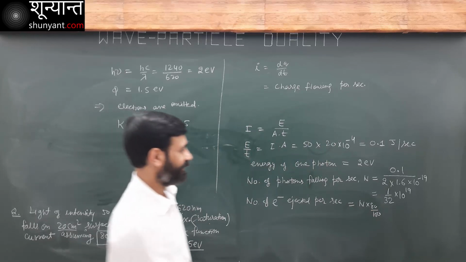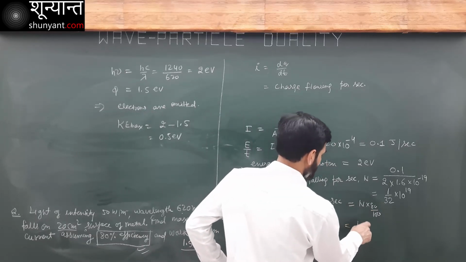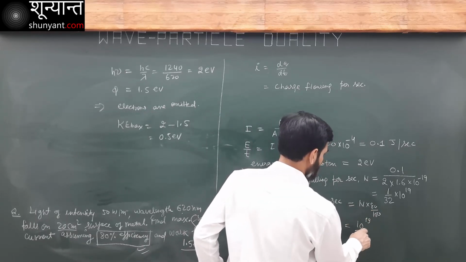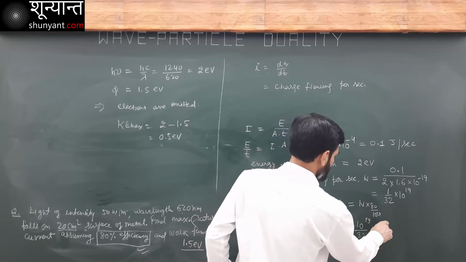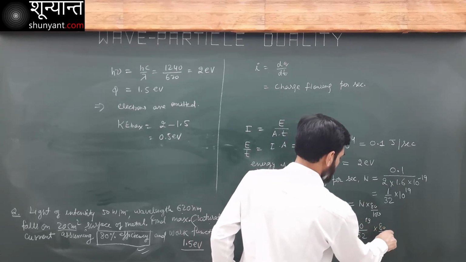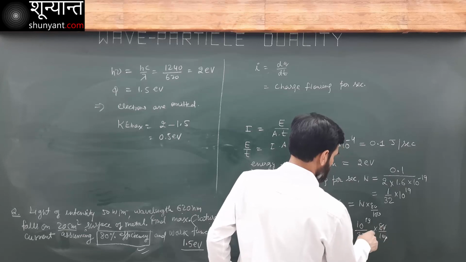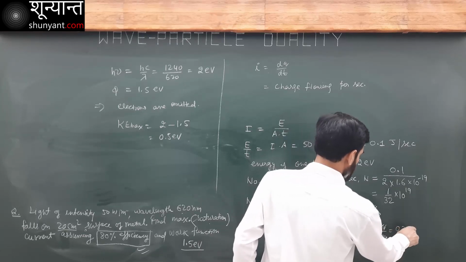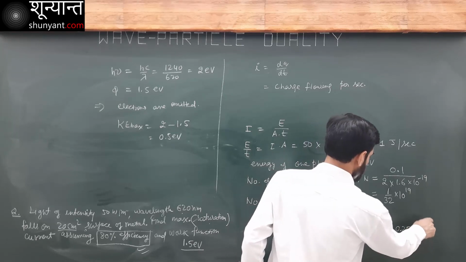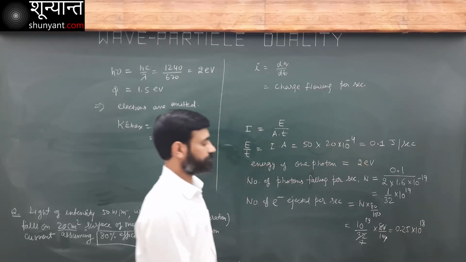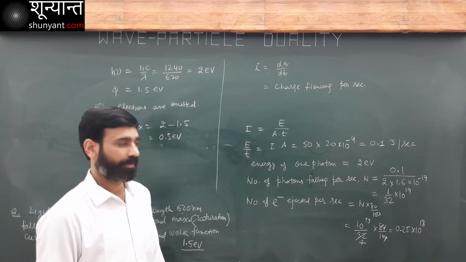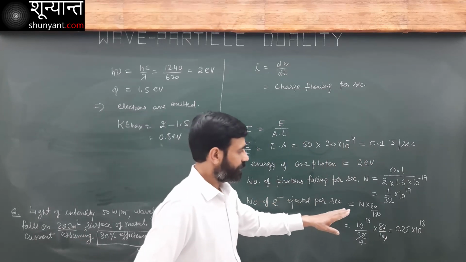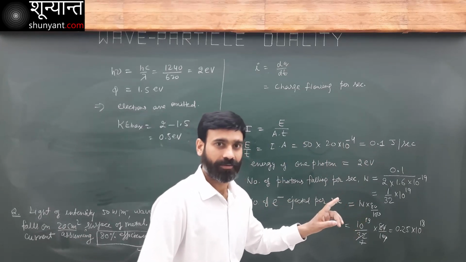This is equal to 10 power 19 over 32 into 80 over 100. Okay. So this becomes 4. It becomes 0.25 into 10 power 18 electrons per second.